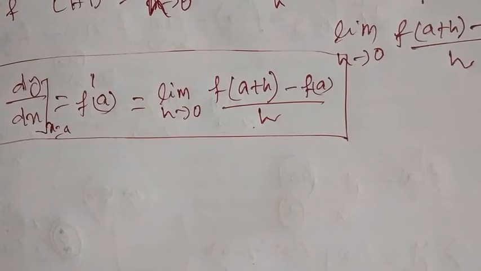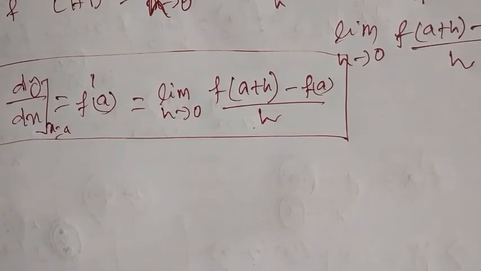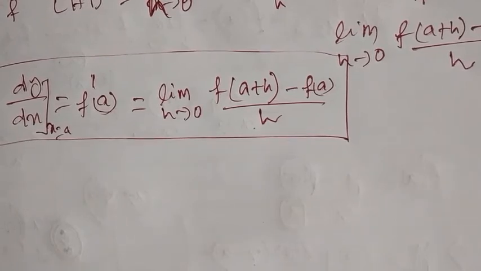You know from your class 11 that f dash a, or dy by dx at x equal to a, represents the slope of the tangent to the curve at x equal to a. You already have read tangents and normals to a curve.